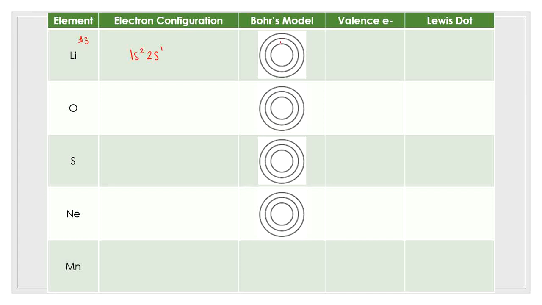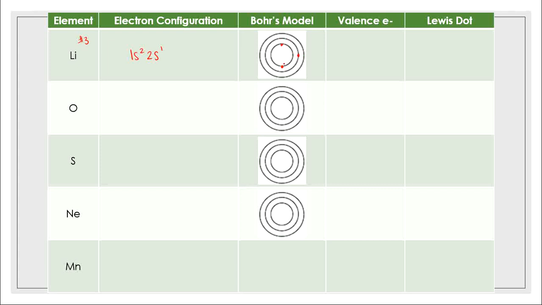On the first ring that represents the first energy level, we're going to draw 2 electrons, 1, 2. And on the second energy level, there's only 1 electron for lithium, so we're just going to draw 1. Now the third energy level, there's nothing there. I just copied and pasted the same picture, so we're just going to draw on the rings that we need to draw on. And you can see the inner electrons and the outer valence electrons.